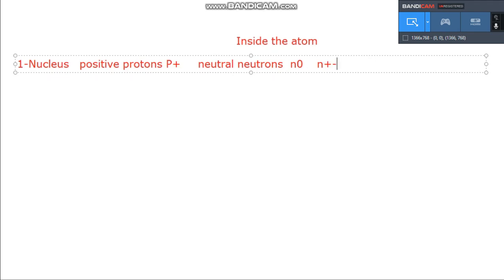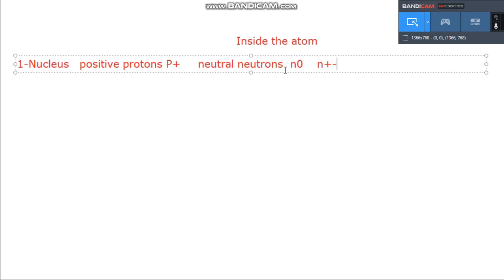They are neutrally charged. So the first component of the atom is the nucleus, and inside the nucleus we have two small particles: the positive protons and the neutral neutrons.